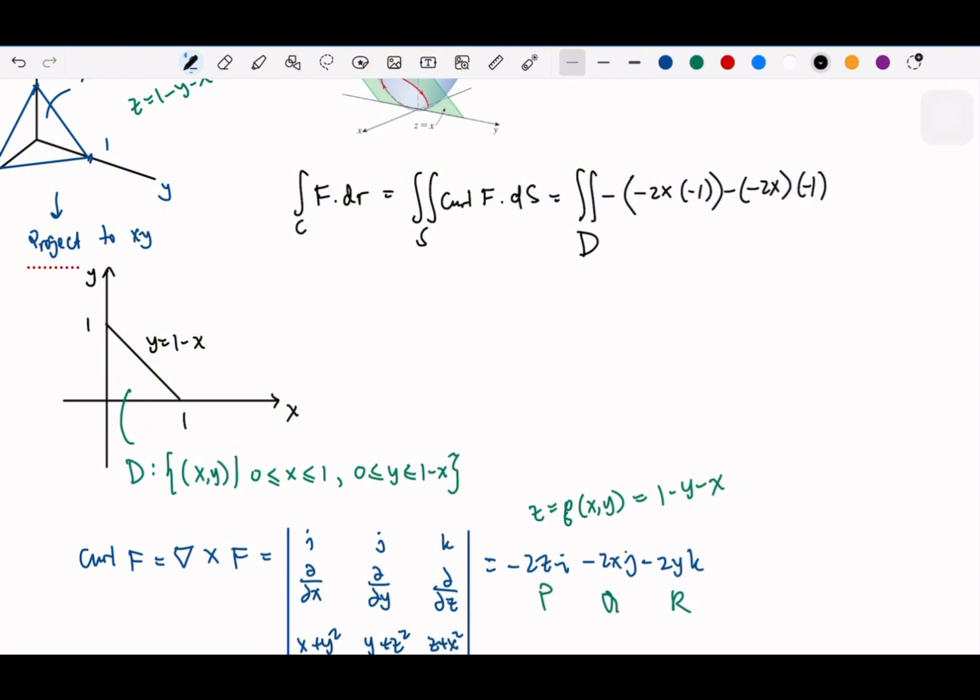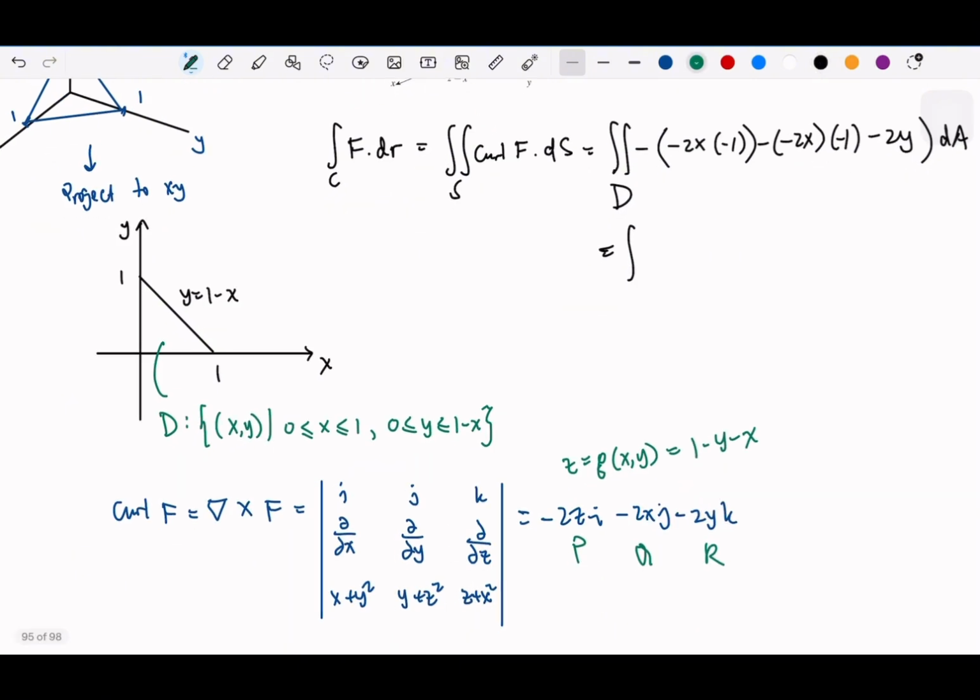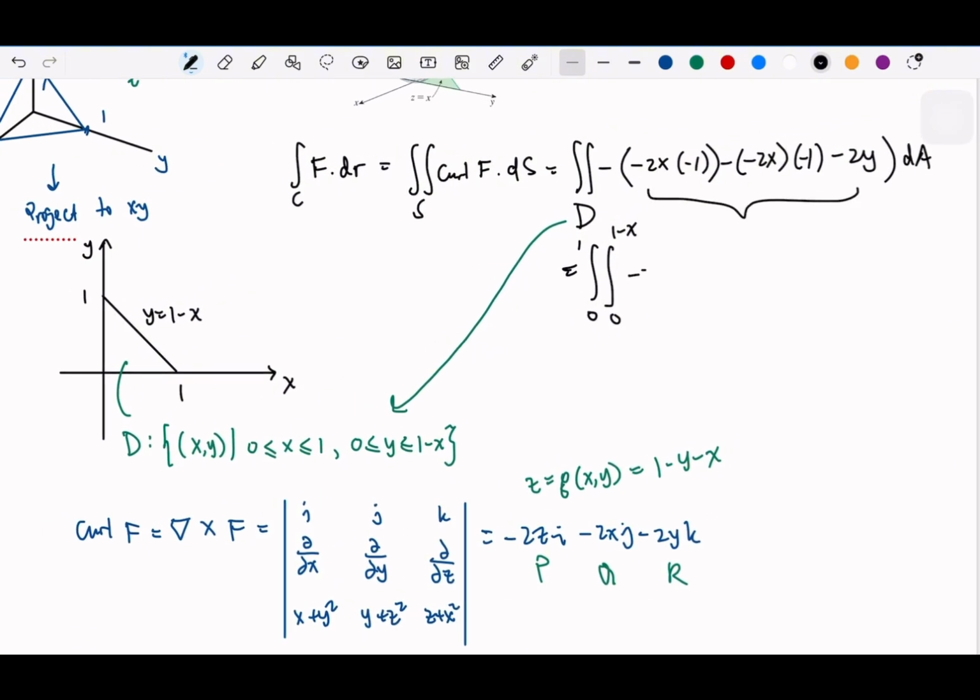And z will be, so this will be negative 2y. And then the last part will be dA. And this D, we can use this D here. Okay, so we can start from, this is x, and this is y. And solve. Okay. So that's it.